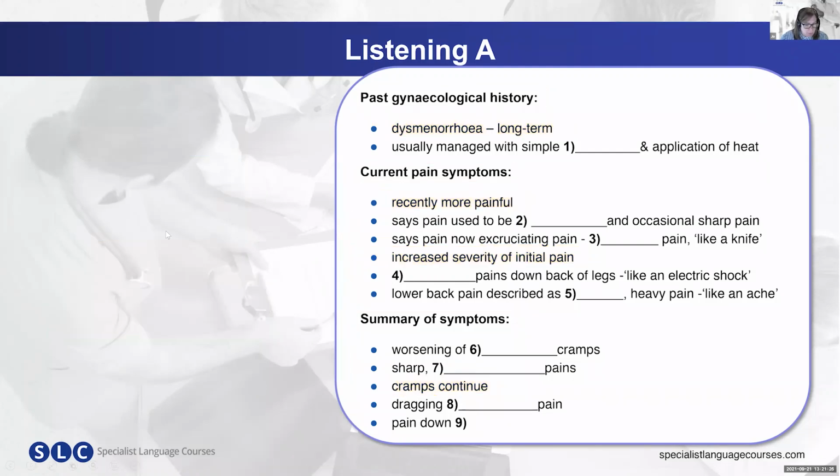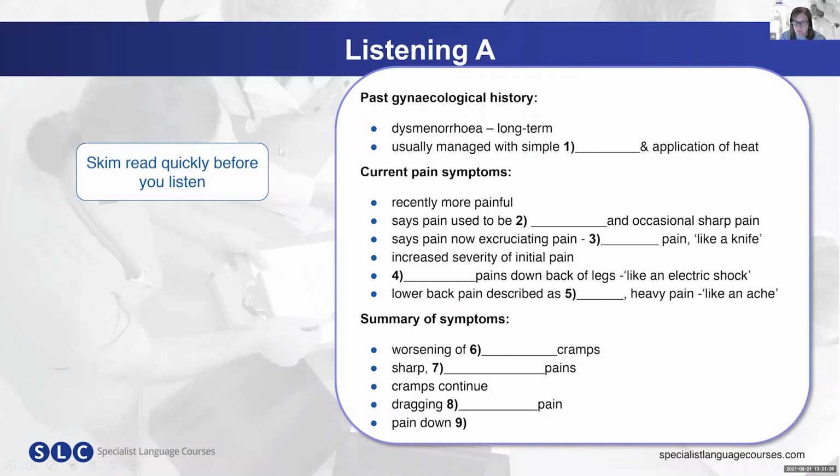So let's just have a little look. Skim read quickly before you listen. You don't have time to analyze every single line in detail, but as some of you mentioned, as a strategy, it's a good idea to underline keywords. So if we look at current pain symptoms and summary of symptoms, I've highlighted some of the key words here: used to be, now.